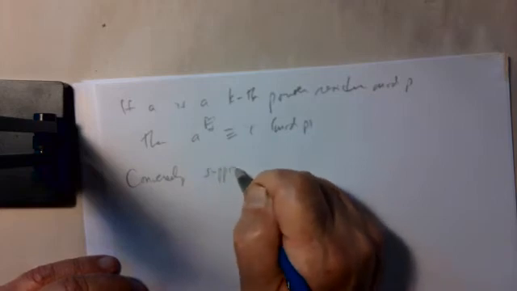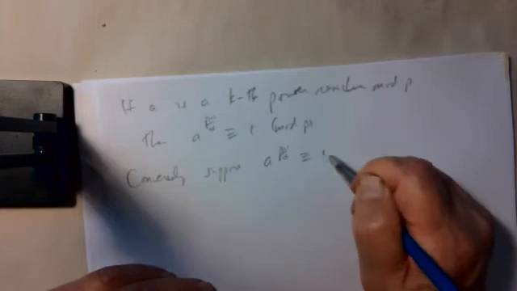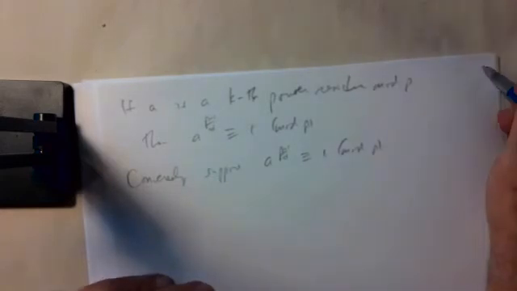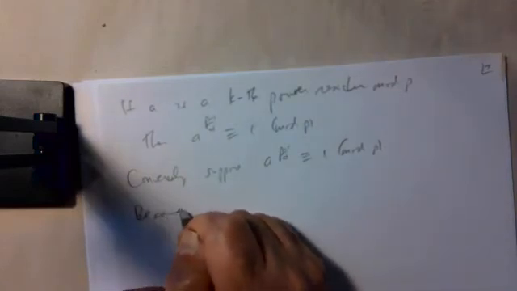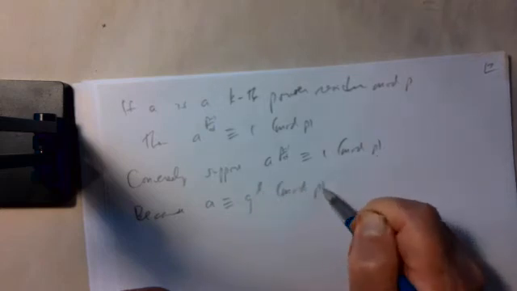Conversely, suppose that a to the power p minus 1 over d is congruent to 1 mod p. We know that a is congruent to g to the L mod p.